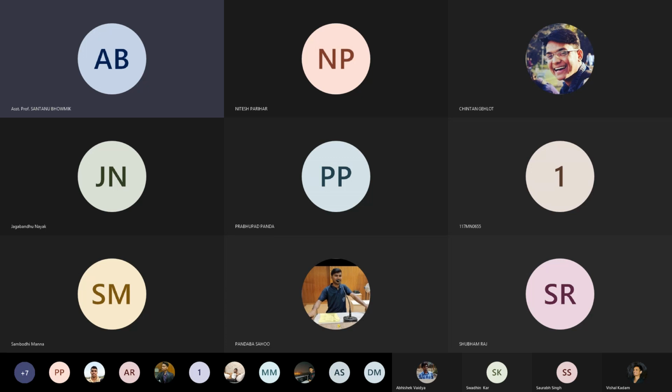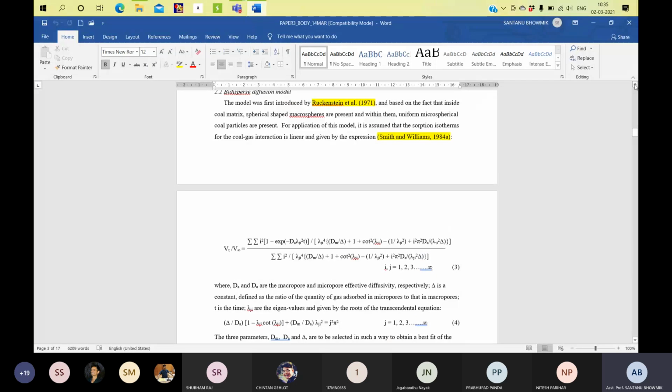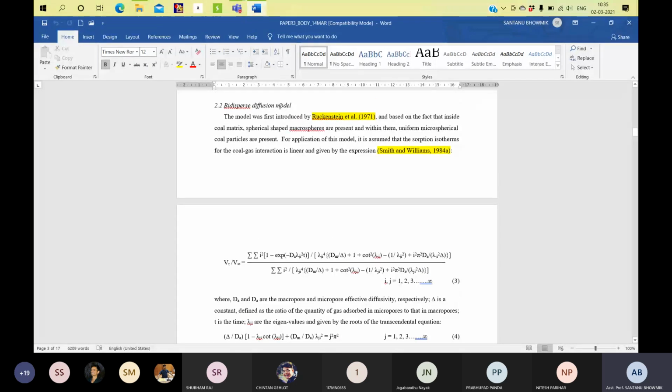Now it is visible. So the bidispersed diffusion model is expressed in this equation.